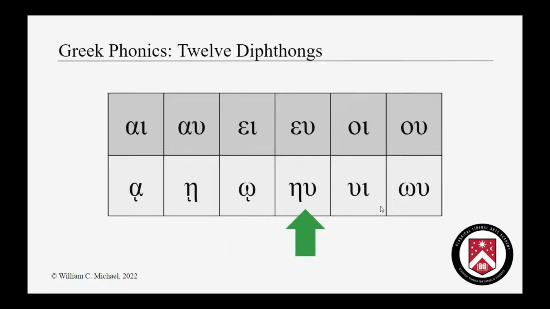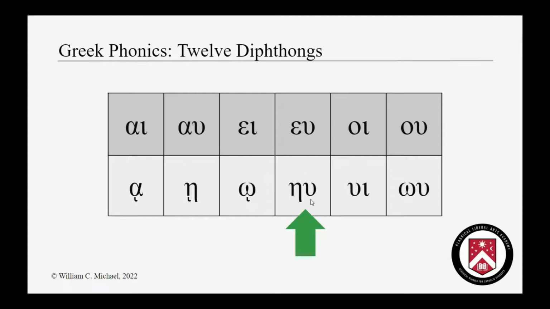The last 3 diphthongs, as I said, are called improper because they don't follow the rules of Greek euphony. They aren't pleasant to speak or to hear. Here we see the vowel eta followed by the vowel upsilon, and this would be read as eu.